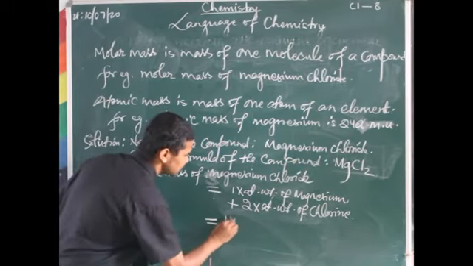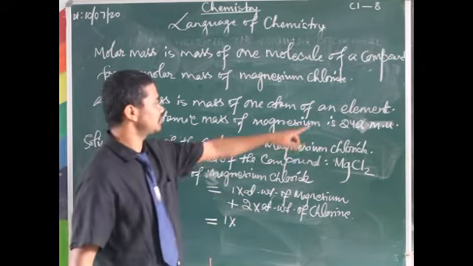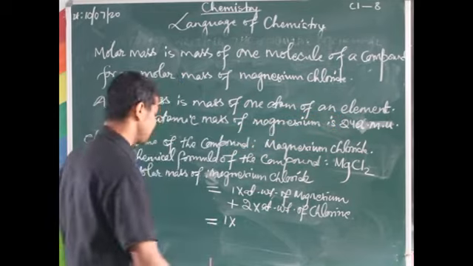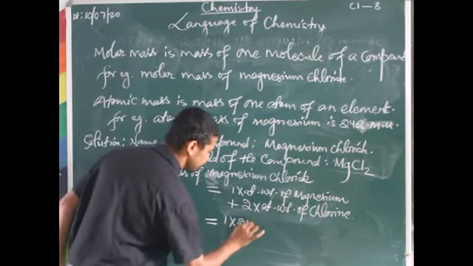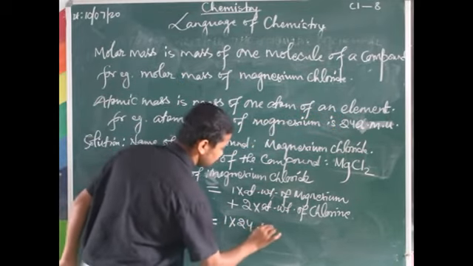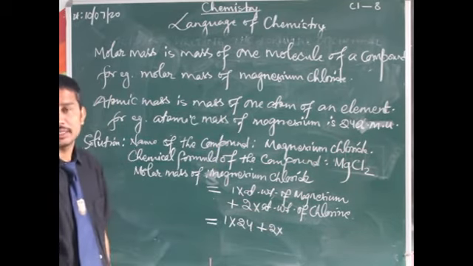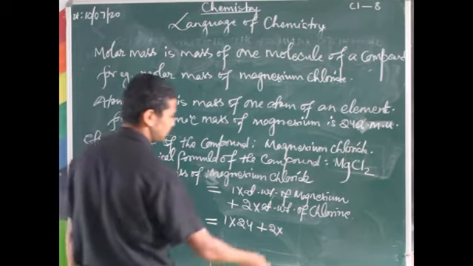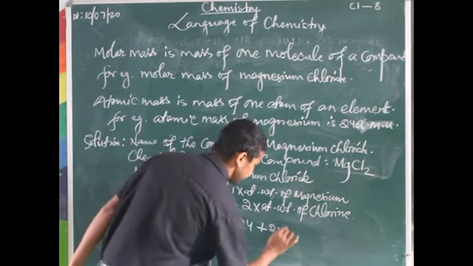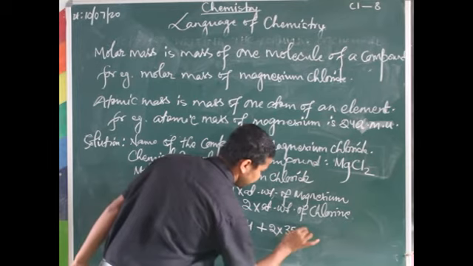Then 1 into, what is the atomic weight of magnesium? 24 AMU. So you can write 1 into 24 plus 2 into, what is the atomic weight of chlorine? If you refer to this table 5.8, you can come to know that the atomic mass of chlorine is 35.5.